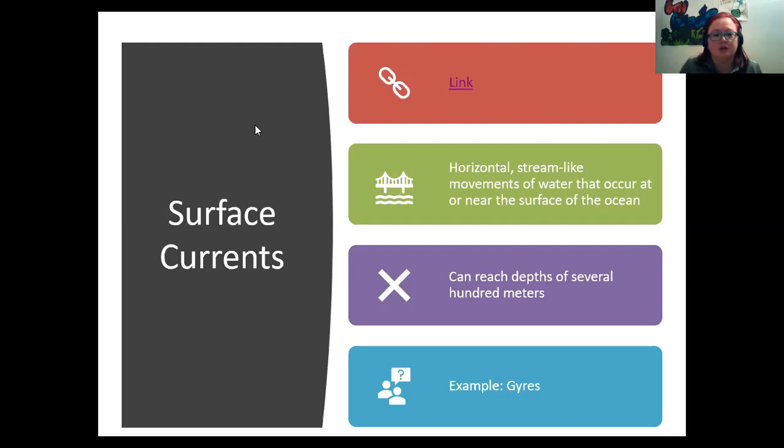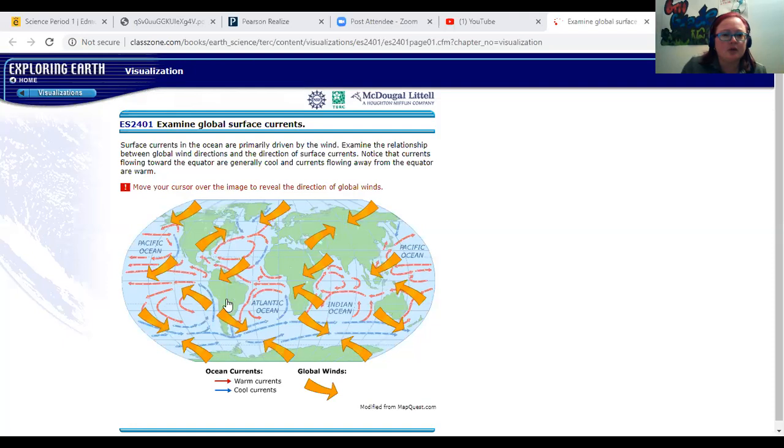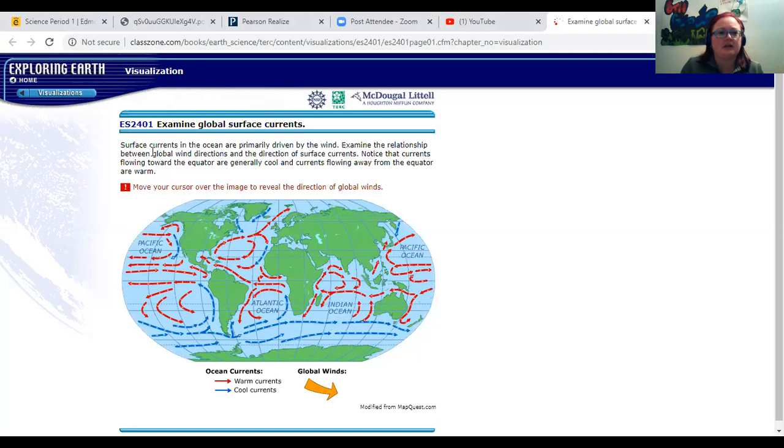So you should really look at this. I'm gonna stop sharing really quick and go back to it because I know sometimes you can't see stuff. So this is the link that I clicked, and it shows the surface currents of the ocean are primarily driven by the wind. Examine the relationship between global wind directions and the direction of the surface currents.